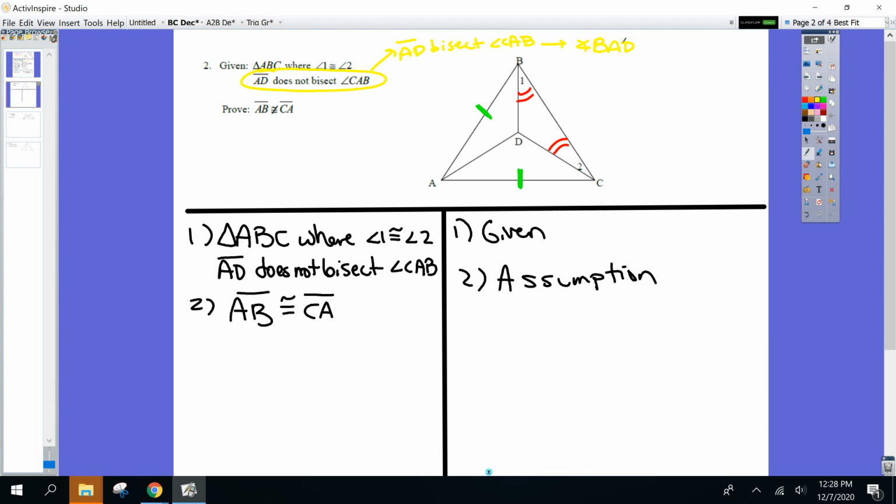Maybe by proving an angle BAD, BAC. You got it. If you can show me that DAC and DAB are equal, I believe you. If you show me BAD and DAC are congruent, AD will be a bisector.